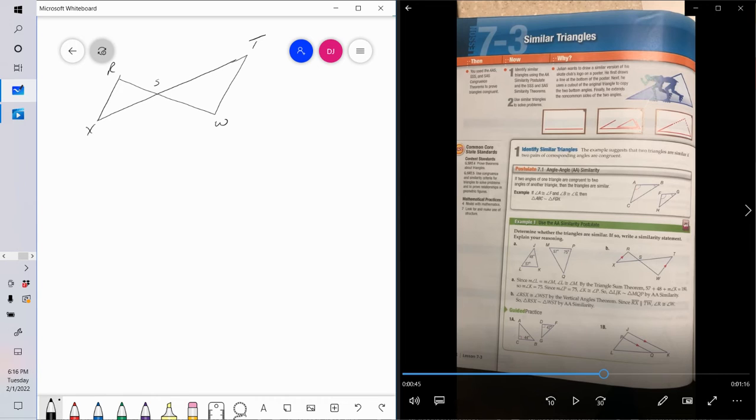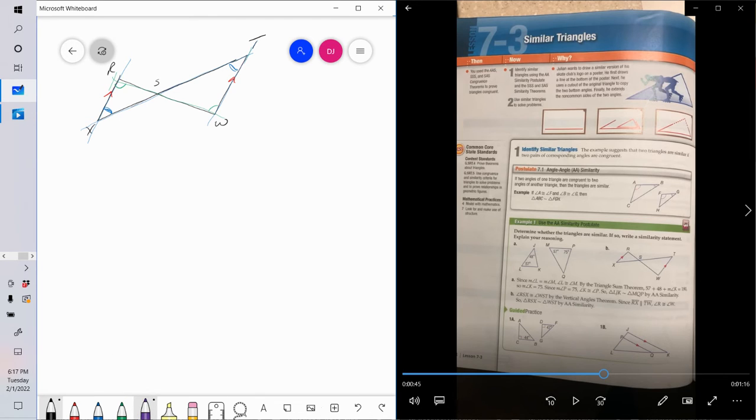Okay. We're told, see those little red arrows there, that those two segments, RX and TW, are parallel to each other. Because they're parallel, so I have these two parallel lines with a transversal, these two angles are congruent to each other. We also know, parallel lines with a transversal, that these two angles are going to be congruent to each other.